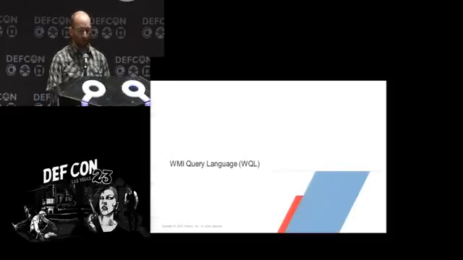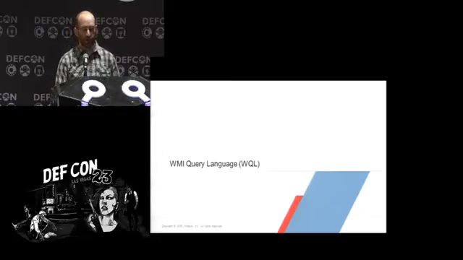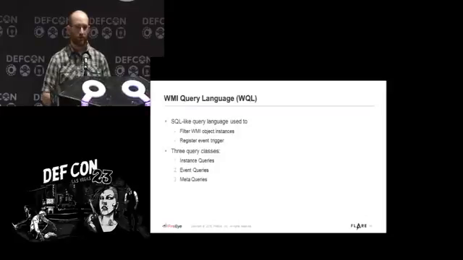All right. Now, aside from the client utilities, if you want to be able to do some slightly more advanced operations with WMI, then it would behoove you to learn WQL, the WMI Query Language. It has a very SQL-like syntax. It basically allows you to do three things, so there's three classes of queries.